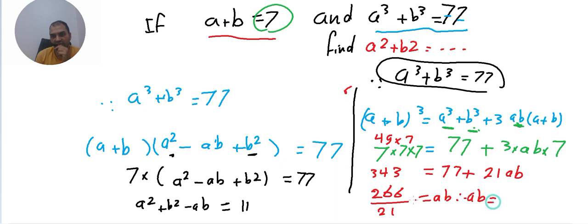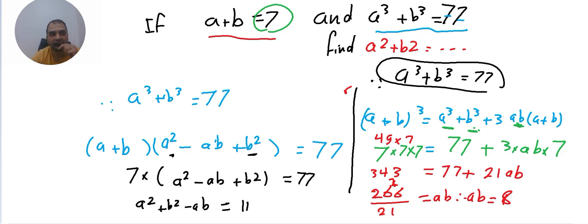The value of ab equals 266 divided by 21. You can find the answer or you can simplify it. 266 divided by 21, divide the numerator and denominator by 3. Okay, this number can be divided, or you can divide it by 7.